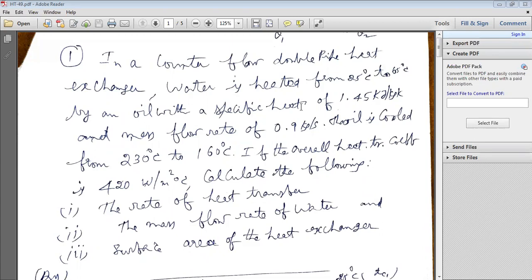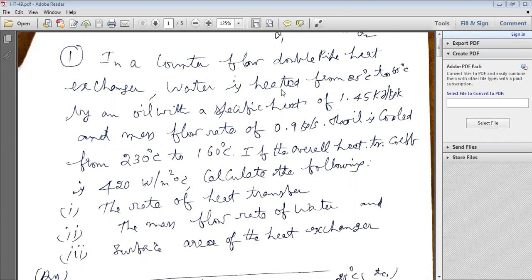In the next class we'll go for the second topic, boiling and condensation. And now one more problem. All of you read this problem.